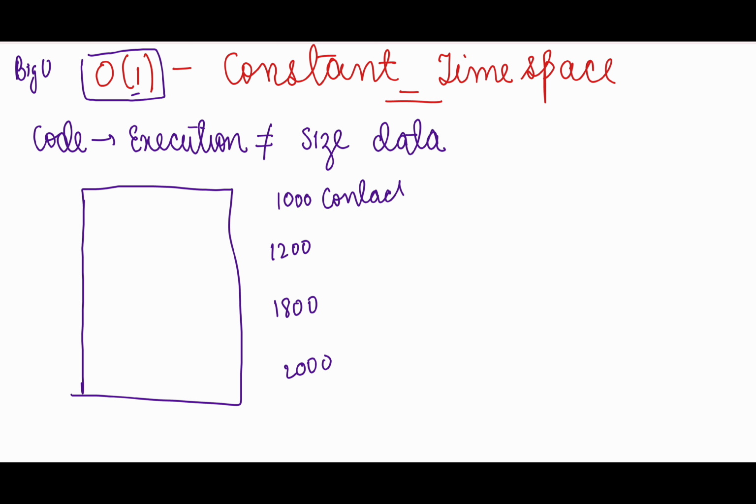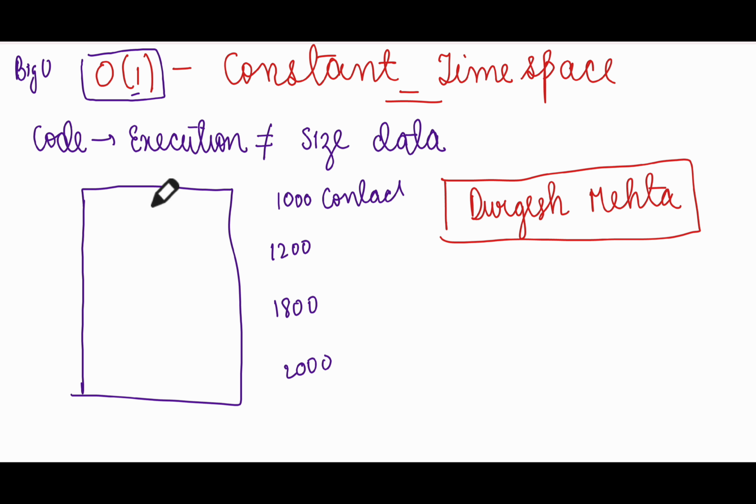Now let us say your objective is to find the phone number of a person, let us say Durgesh Mehta. There is only one Durgesh Mehta, no duplicate. So you have to find this person in your phone book. There's a search bar where you search the person's name, and below this you have all the contacts listed, just like in your phone.